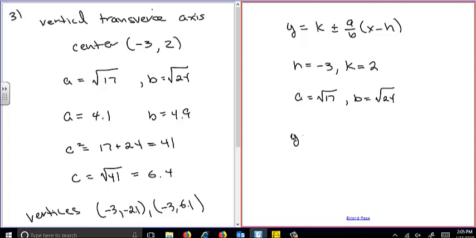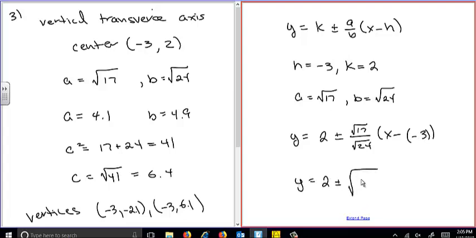So we get y is equal to k plus or minus the square root of 17 over the square root of 24 times (x minus negative 3). So that becomes y is equal to 2 plus or minus the square root of 17 over 24 times (x plus 3).